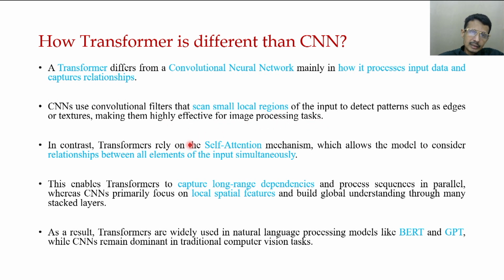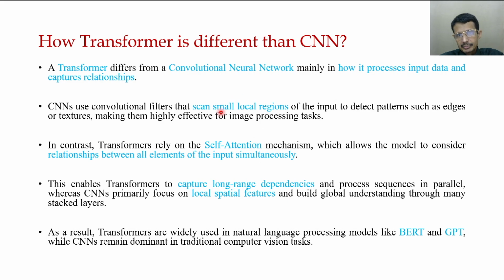On the other hand, in contrast, the transformer relies on a self-attention mechanism, which allows the model to consider the relationships between all elements in the input simultaneously. So that is one of the major differences here.